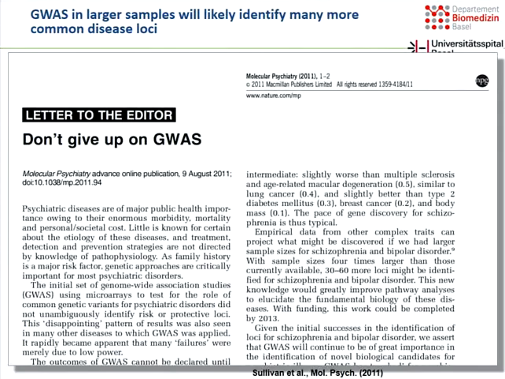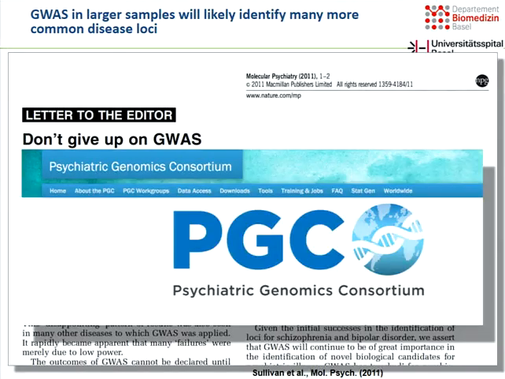And then at that time, there was this discussion: should we give up? Should we maybe give up on GWAS? And should we do something different? And it was a little bit before that time that a big consortium formed, the Psychiatric Genomics Consortium, which has been really successful over the last 10 years.